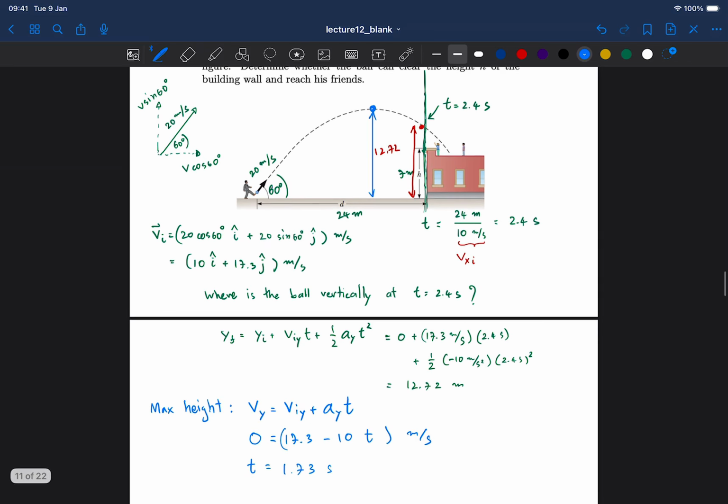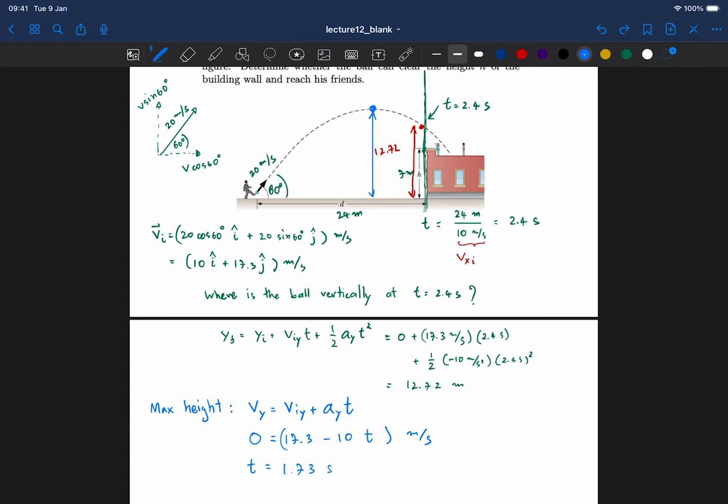Notice that the time when it reaches the highest point is before the time where it reaches the building. So you know that the way the figure draws the trajectory is already correct. It reaches the highest point first and then curves down and then reaches the building.